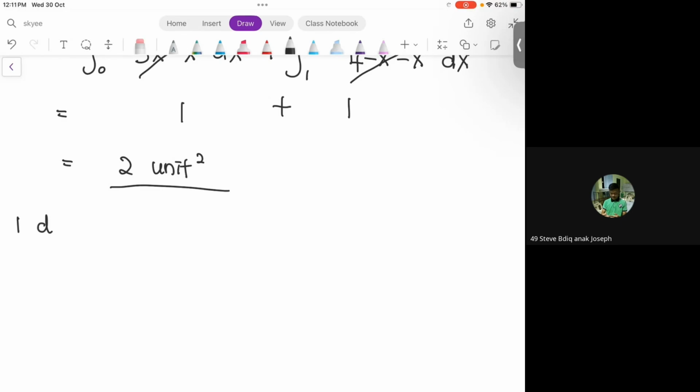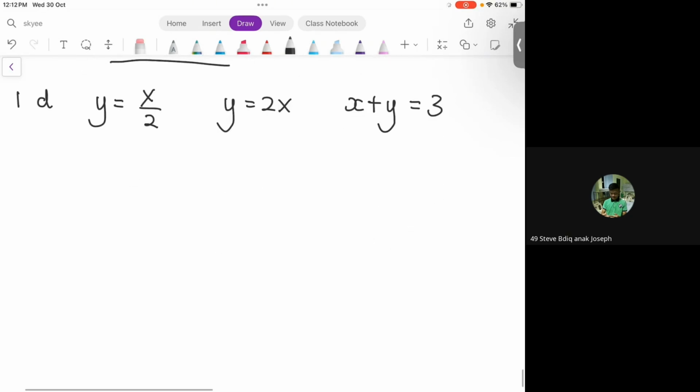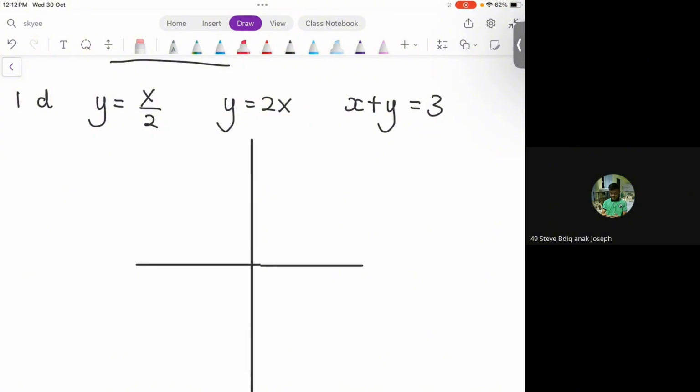So we have a line y equals to x over 2, y equals to 2x and x plus y equals to 3. These 3 lines. So we sketch them like what I have told you.